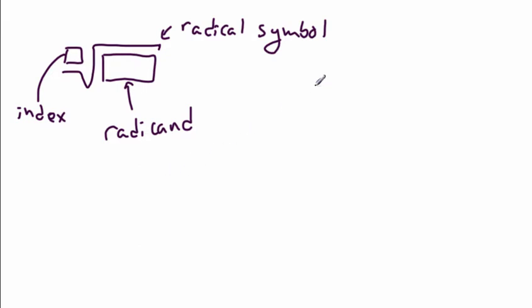Now let's just review that a little bit. So let me pop this in here. Let's practice with, say, 2. Let's have a 7th root of 2. So this is saying, what thing times itself 7 times gives me 2? And so I can rewrite this in exponential form, and this is what I want you to get used to doing, going back and forth as you might need to.